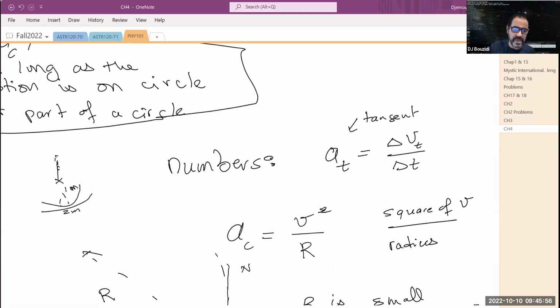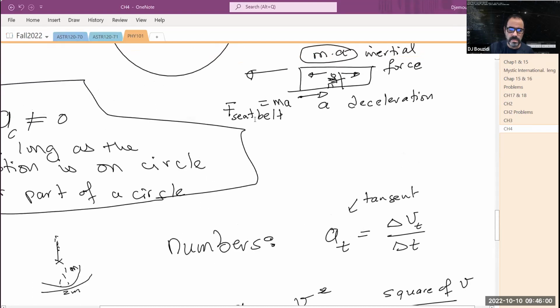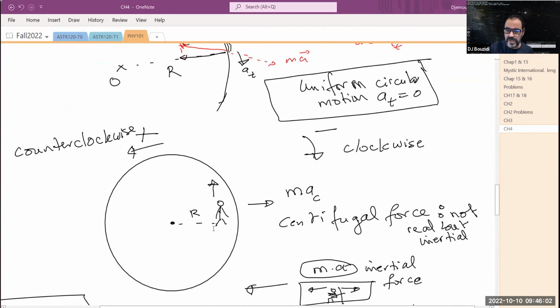For an object moving with this velocity, the closer you get to the center, the higher the centrifugal force; the further you get from the center, the less the centrifugal force is. So if the object is moving super fast, one way to counterbalance that is to move back to the edge of the merry-go-round.